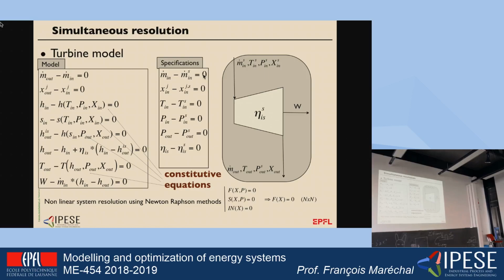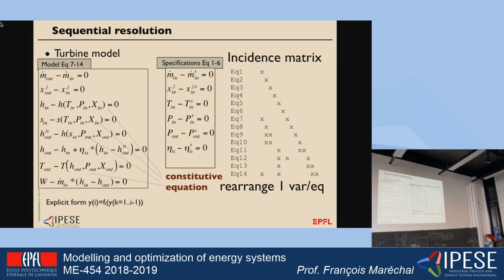There is, however, another way of solving the problem. And the other way of solving the problem is what we name the sequential approach. The sequential approach is going to look at the incidence matrix and try to put one variable on the diagonal. Okay, so what I'm going to do is make a rearrangement, change the order of the equations and the variables in such a way that I will have for each element of the matrix one element in the diagonal.